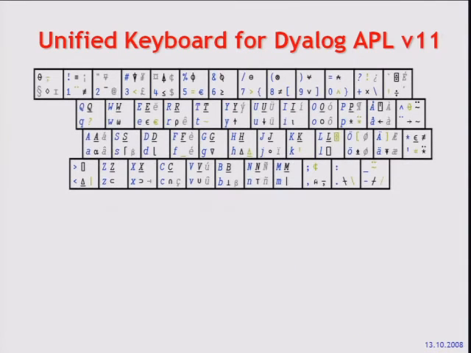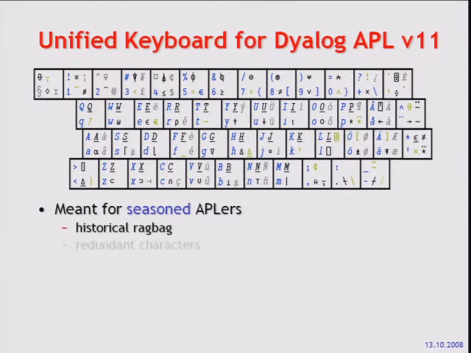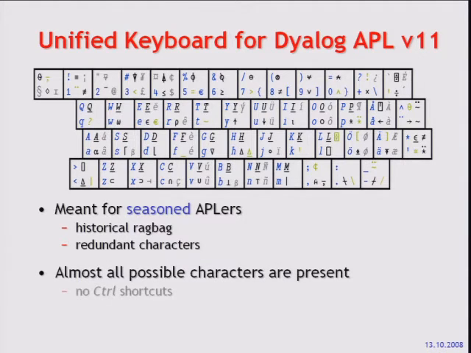And there was this unified keyboard for Dyalog APL, which I think started from Kim Andreasen, who made that keyboard for Danes. Then that keyboard was translated for Finns, and I was the latest in the food chain to edit that model for Dyalog APL. And as you can see, it's meant for seasoned APLers who actually know where to look for a special glyph.